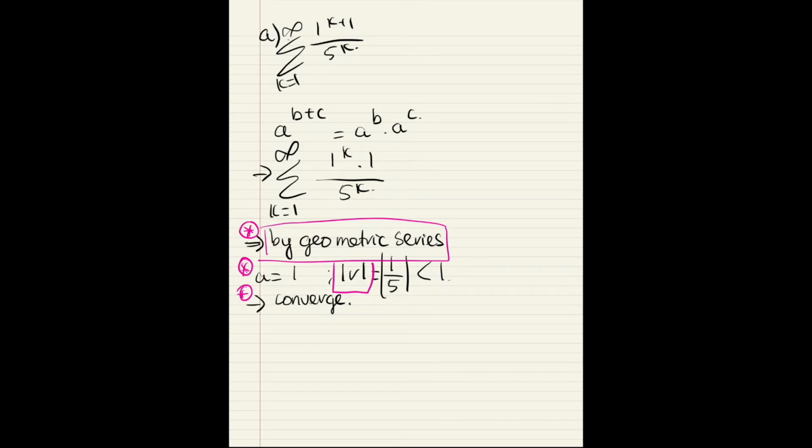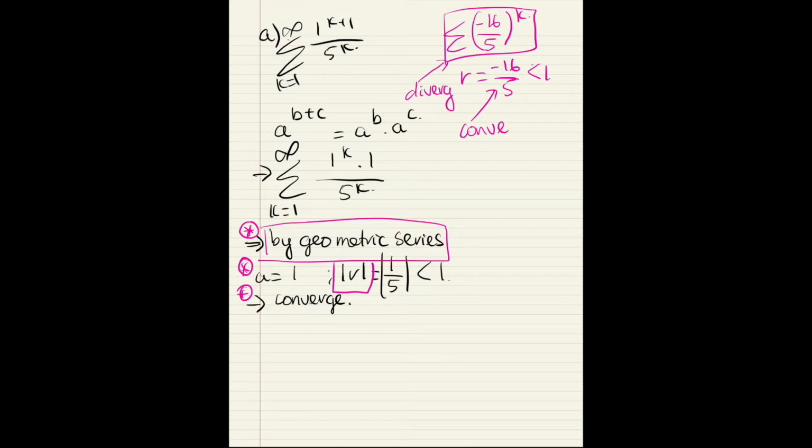Some series might be negative 16 over 5 to the k. If you don't take the absolute value, then r equals negative 16 over 5, which is smaller than 1. However, this series is divergent, not convergent, so making it convergent would be wrong.